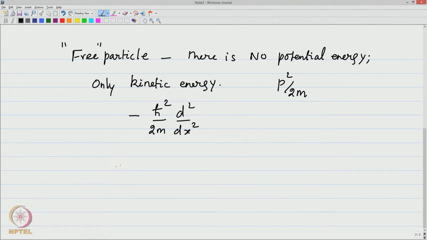We are looking at all solutions: minus h bar square by 2m d square psi by dx square is equal to E psi. This is H psi equals E psi, the Schrodinger equation for time independent quantum mechanics. There is no condition.